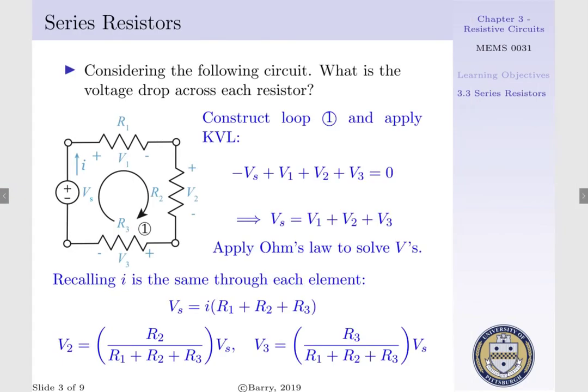We can repeat this process to solve for the voltage drop across resistor 2 and resistor 3 to take the following formulation. V2 is equal to R2 per the quantity R1 plus R2 plus R3, all times our source voltage, and V3 is equal to R3 per the quantity R1 plus R2 plus R3 times our source voltage.